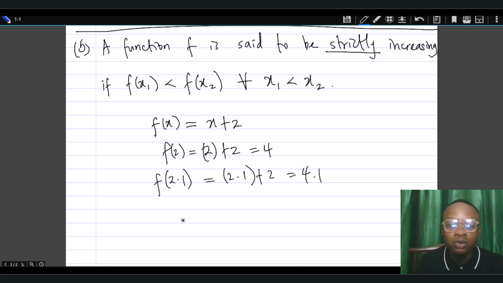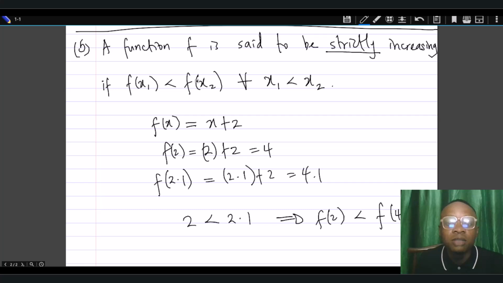So because 2 is less than 2.1, you should expect that f of 2, which is 4, should be less than f of 2.1, which is 4.1. So that is the idea. We're saying that f of x1 is going to be less than f of x2 for all cases where x1 is less than x2.